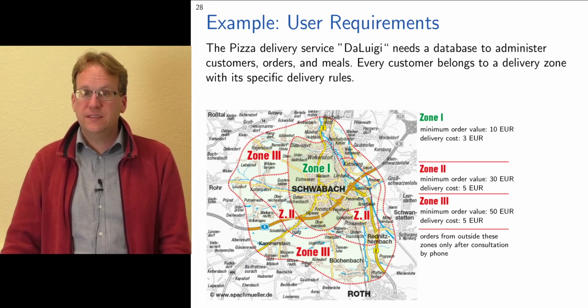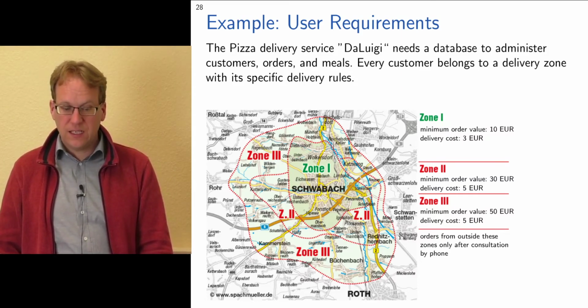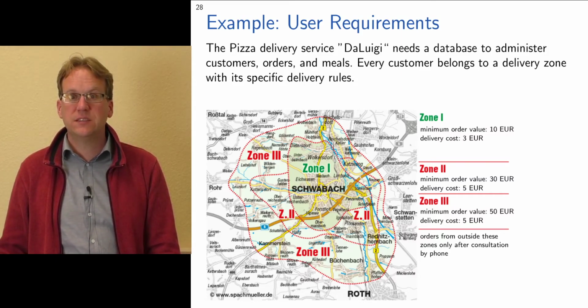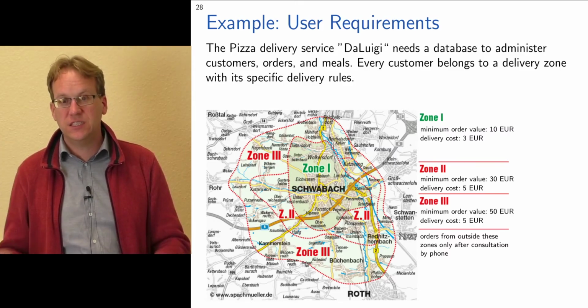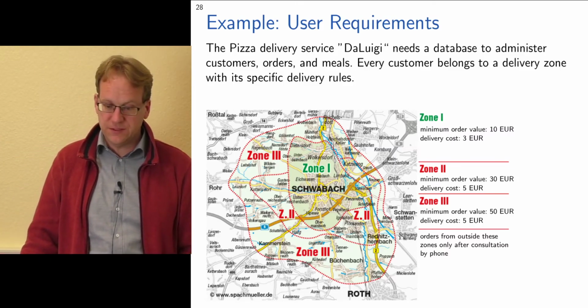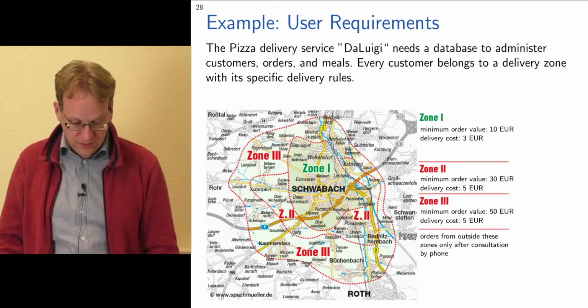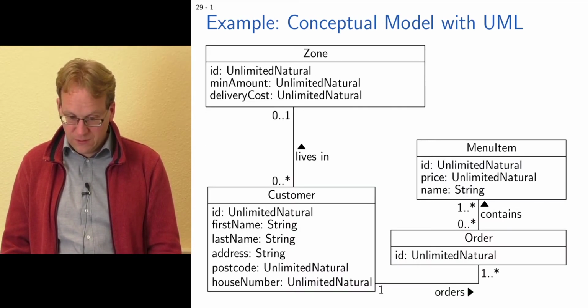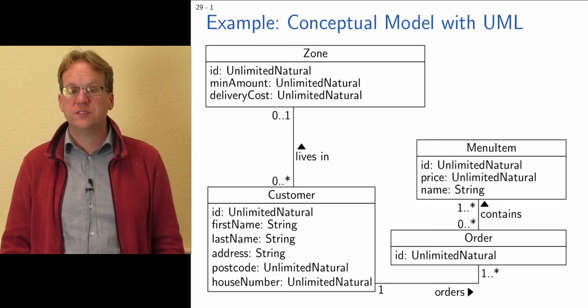We had this as a running example last week, so this nice pizza delivery service, Da Luigi, having different zones and customers and menus and so on. And with that we came to this conceptual model.